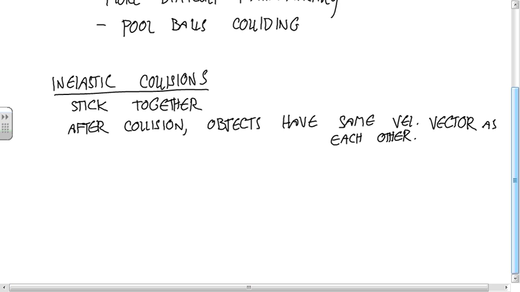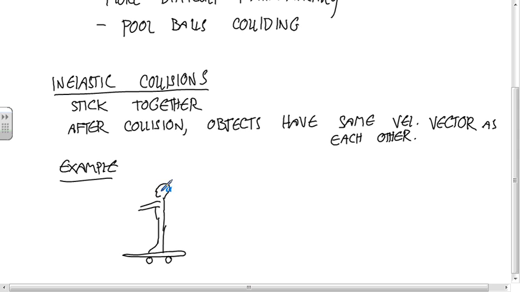So an example is, if there was a person standing on a skateboard, and a ball is thrown to them, say that before the collision, the ball has a velocity of 15 meters per second.